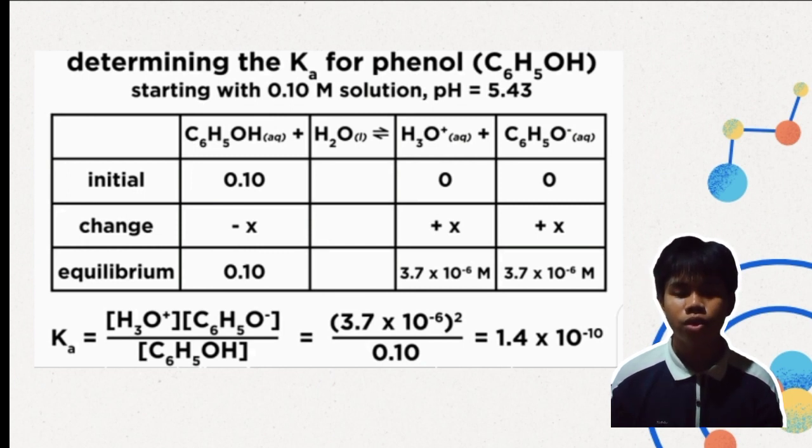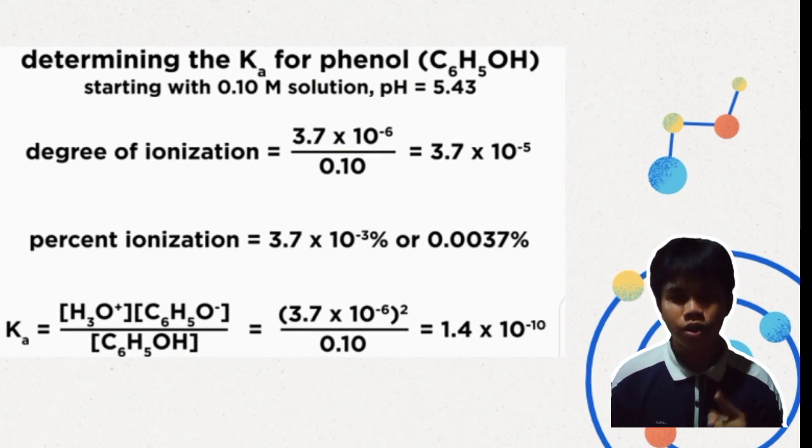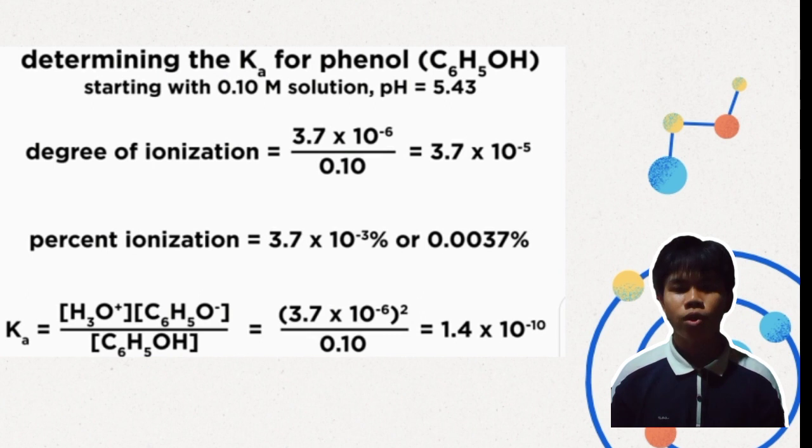From this information, we can also calculate the degree of ionization, the ratio of ionized acid molecules in solution, and the percent ionization, which is the same thing but expressed as a percentage. This is a pretty weak acid considering so few molecules transfer a proton to a water molecule.